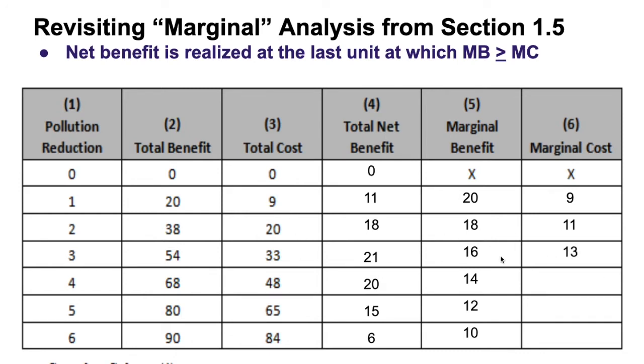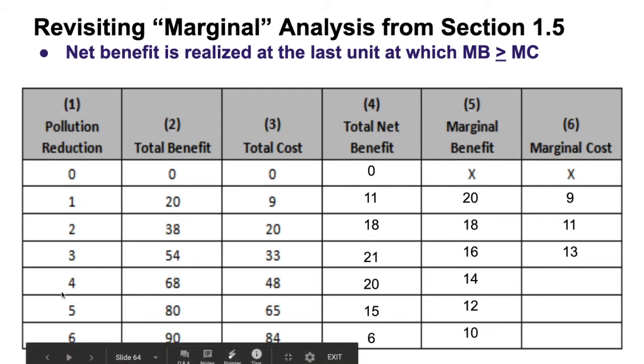Now watch what happens here. At the third unit, the marginal benefit of that third unit is greater than the marginal cost. But if we do it a fourth time, the marginal benefit slips below the marginal cost. And so that's a -1 net benefit for that unit.